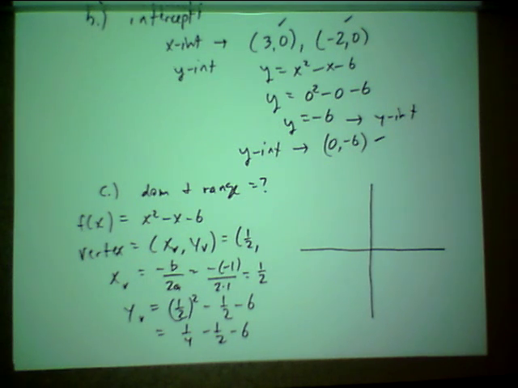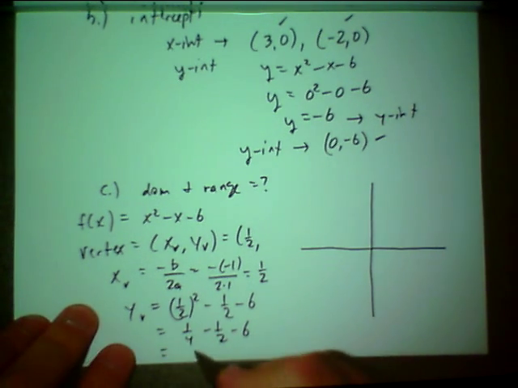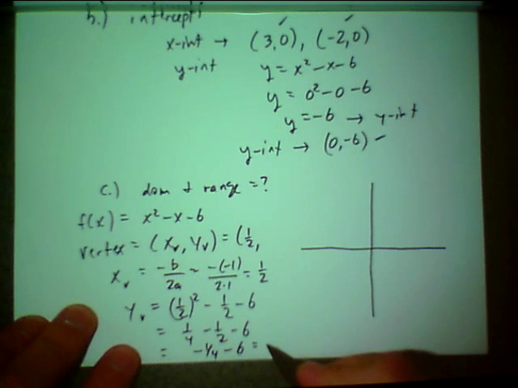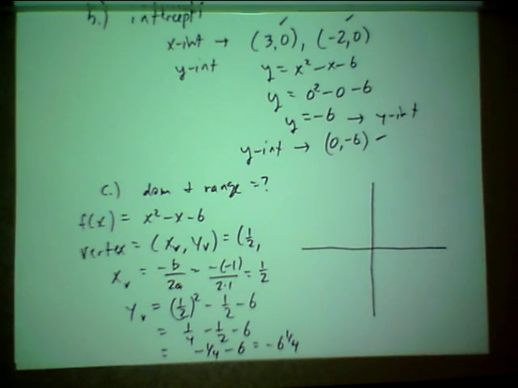And now, if I combine these, this is like 2/4, so it's minus 1/4 minus 6. So I could write that as just negative 6 1/4. And let me check and make sure I haven't made any mistakes. I don't like these numbers, but maybe that's what it is.